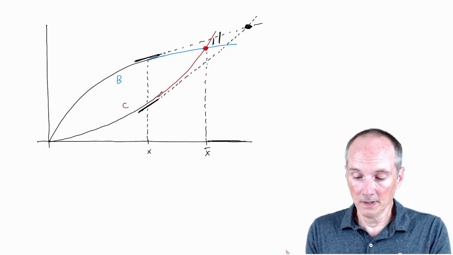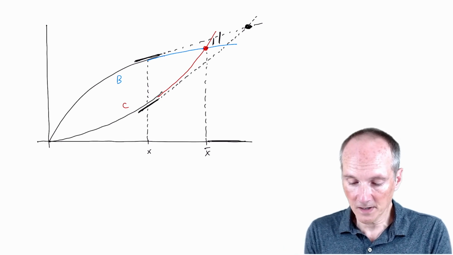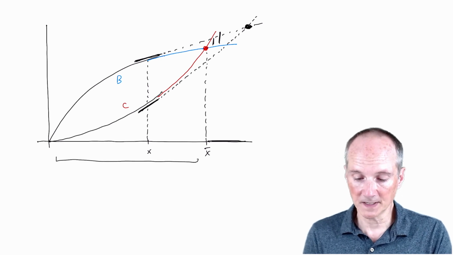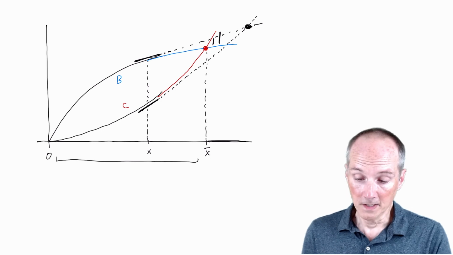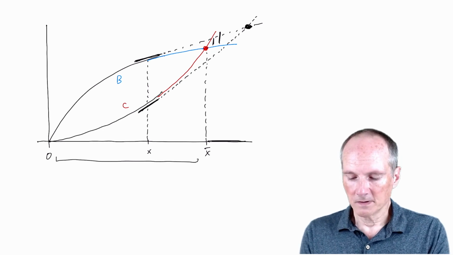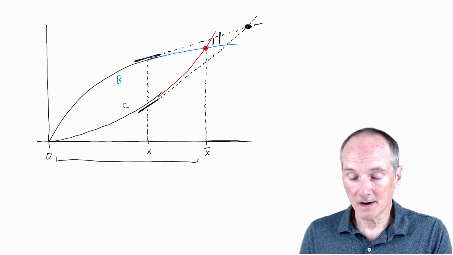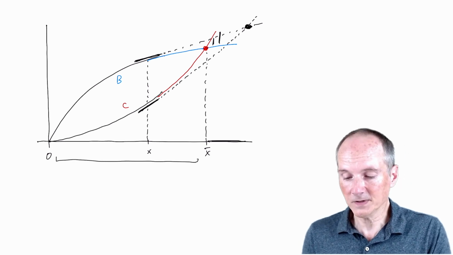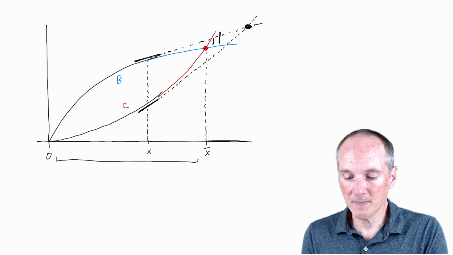So if we focus then on scales between 0 and x bar, that's an interval that's bounded, and in the terminology of mathematics, it's a compact set. The net benefit is a continuous function. It has to achieve some maximum.